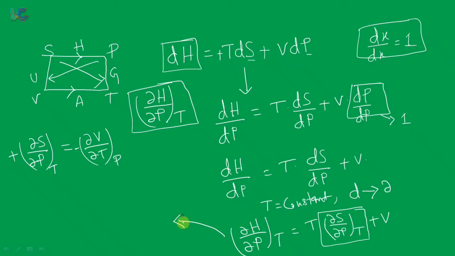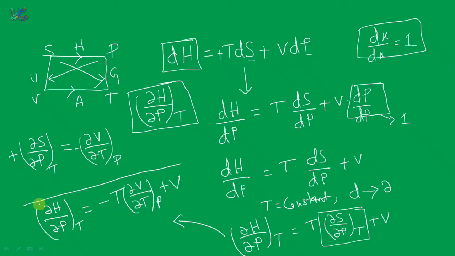So if you replace this, then what you will get? You will get that del H del P at constant T is equal to minus of T del V del T at constant P plus V. So this is what we call the second thermodynamic equation of state.